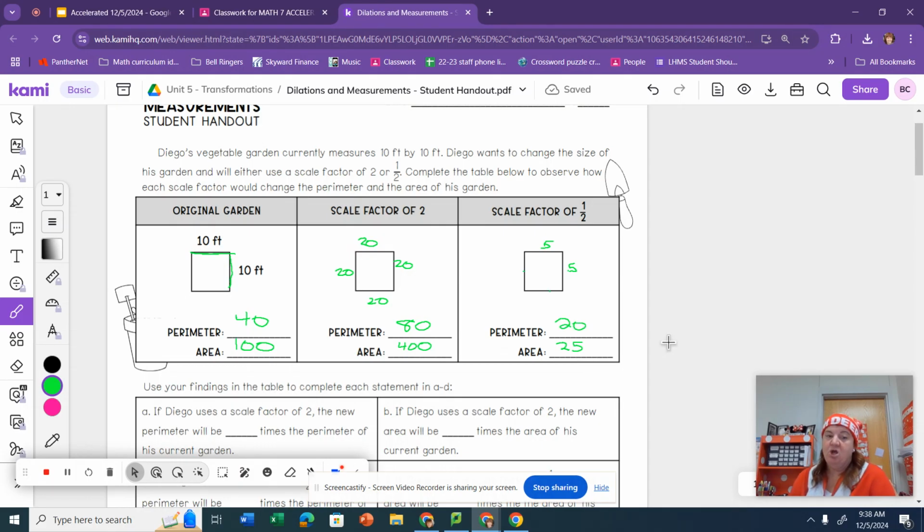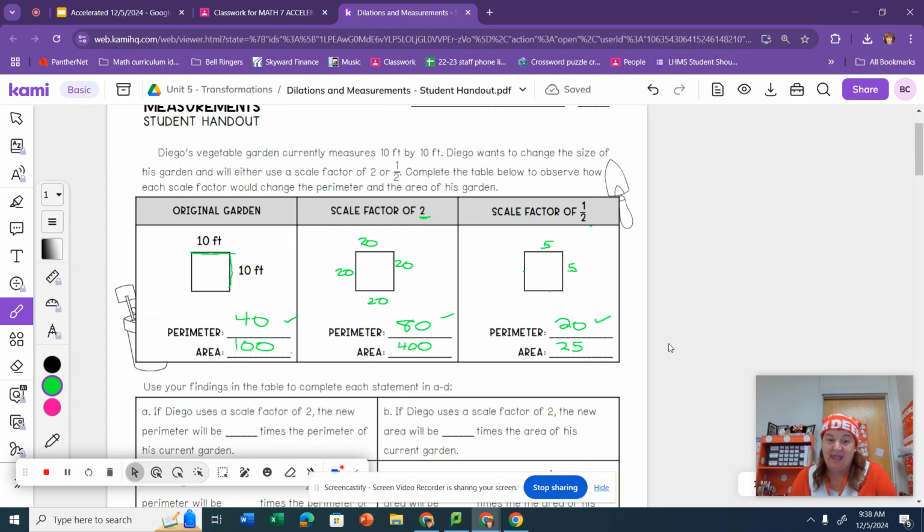Okay? So something interesting to know is, if we did a scale factor of 2 or a half, it looks like the perimeter does the same thing. However, the area does not. Look at the area.